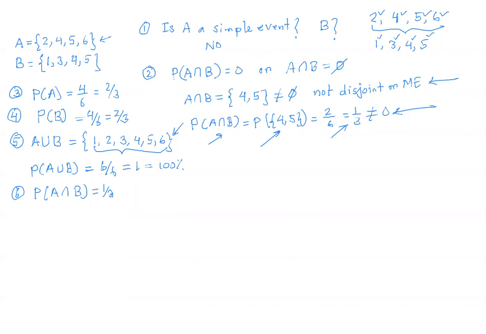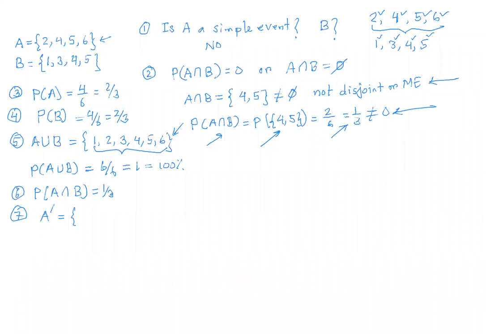Number 7, probability of A complement. What is A complement here? That means we are looking for items that are not in A. What is it? 3.